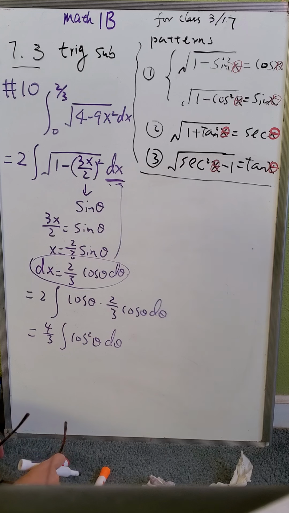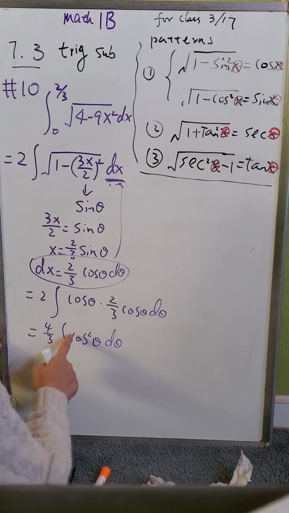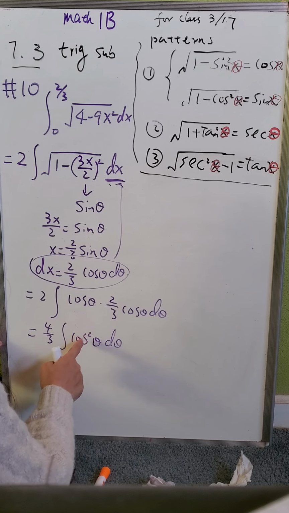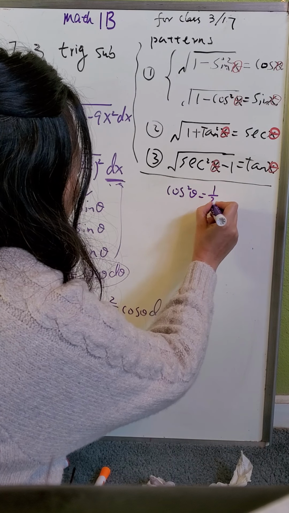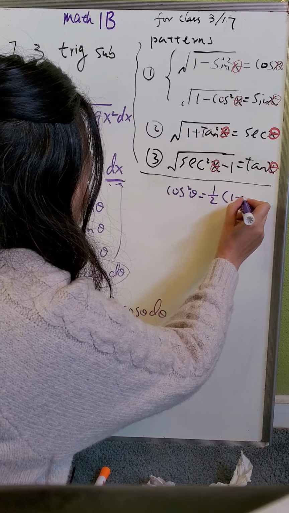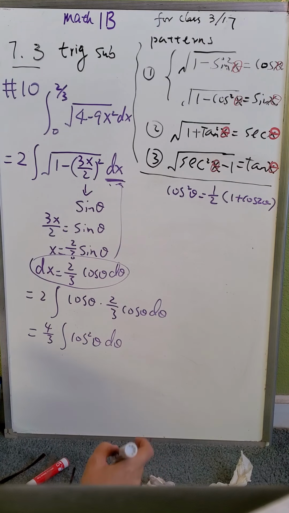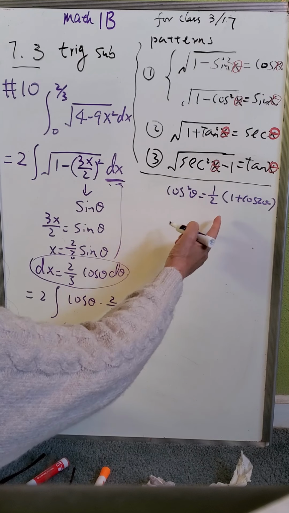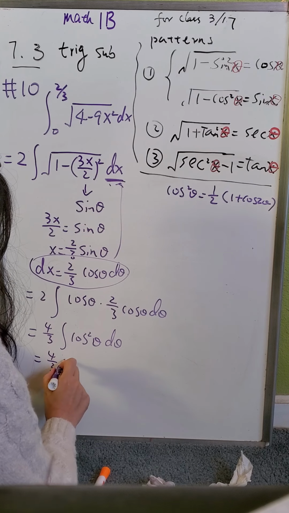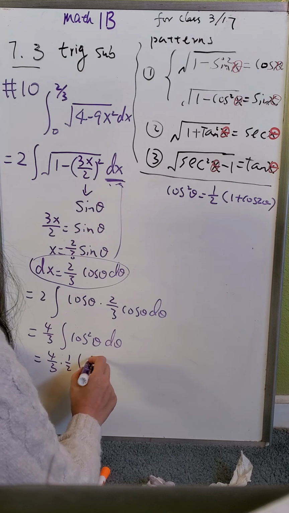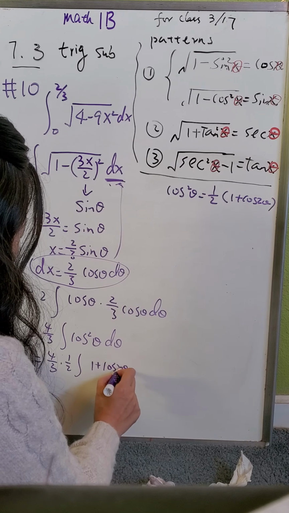And then once we get to here, remember this one that we did earlier: cosine squared theta equals 1/2 times 1 plus cosine 2 theta. That's the formula, and use it. And then we replace it here. So I'm going to take out the 1/2, and that will be 1 plus cosine 2 theta.